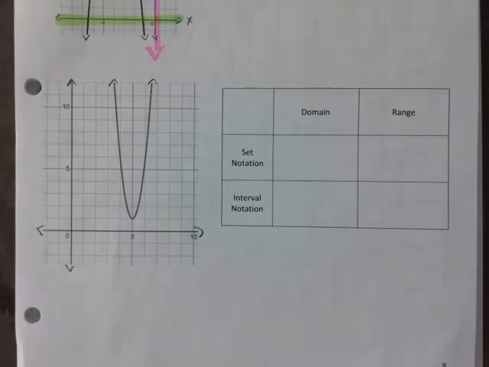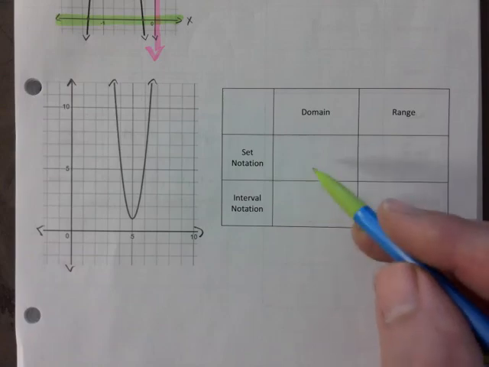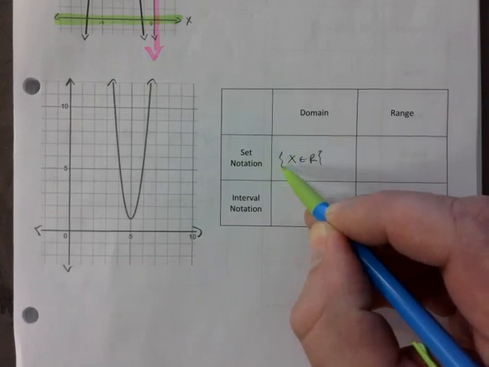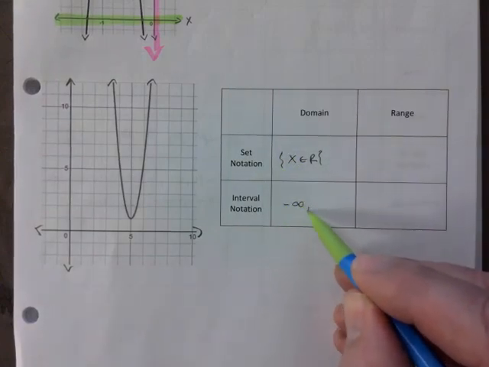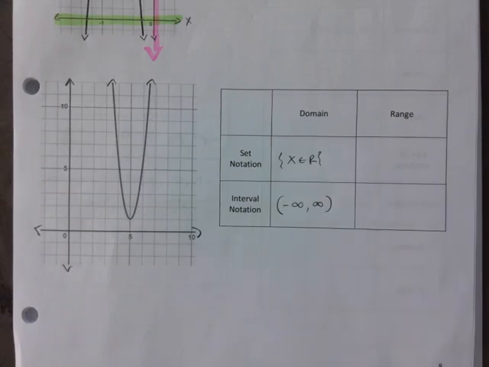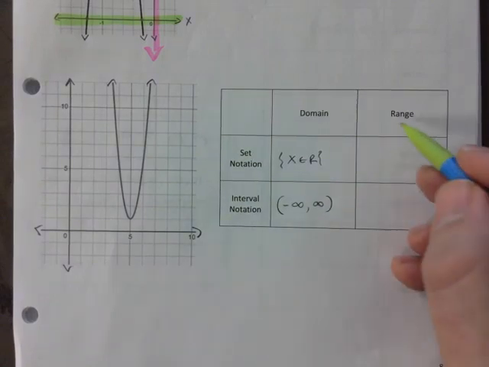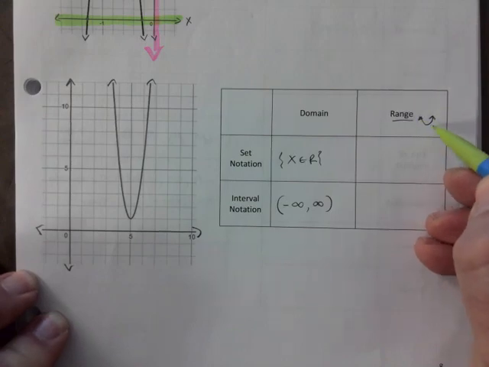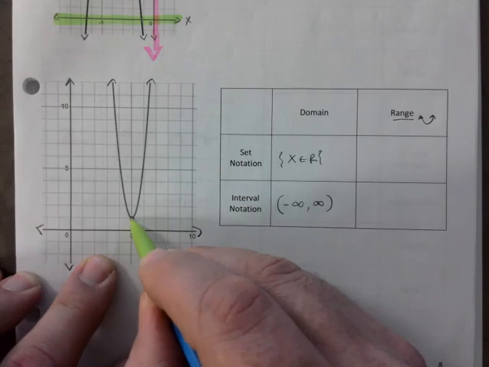Okay, let's see. For the domain, not much to really think about there. It's this, and then it's this. That doesn't change. For the range, maybe on your study sheet you should have a range when it's pointing up. First, you need your vertex.